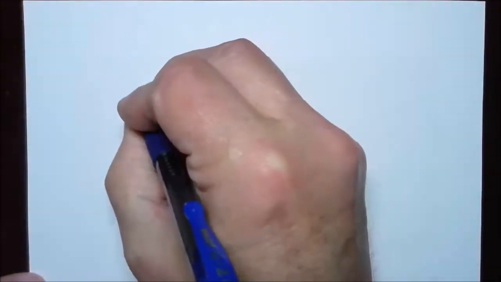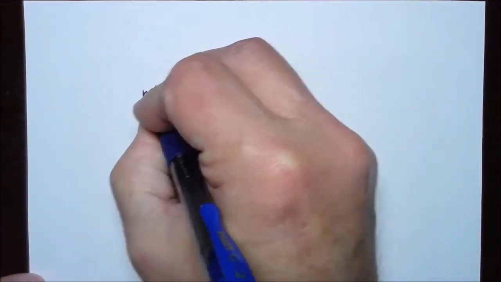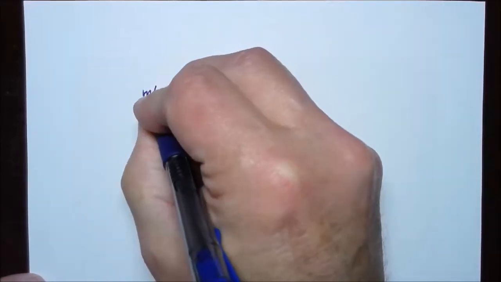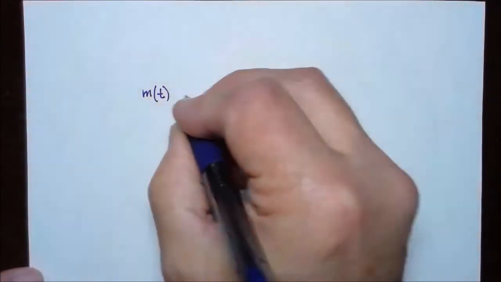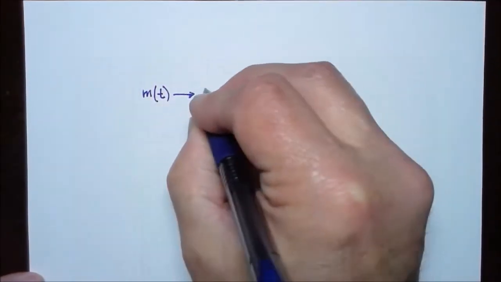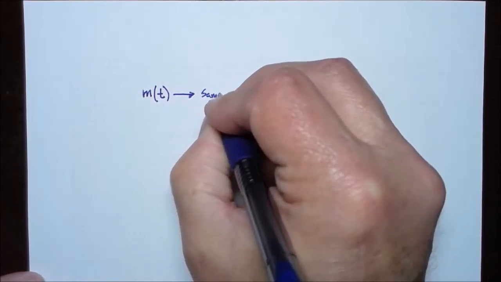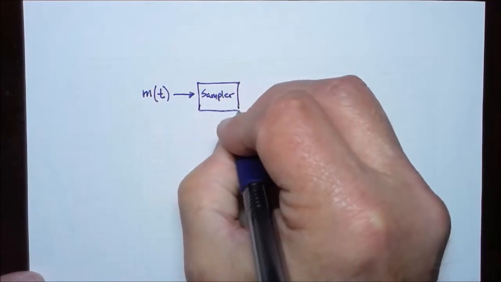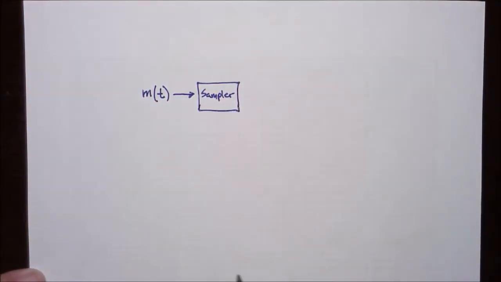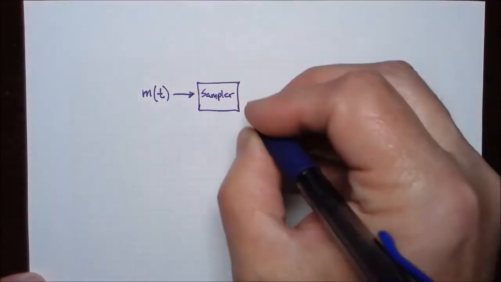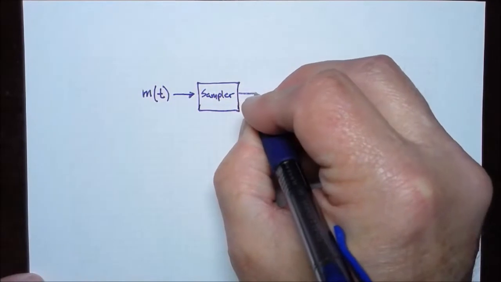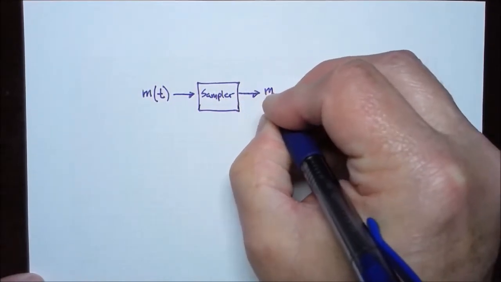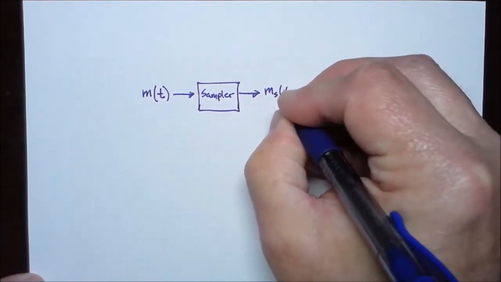Let me remind you of what we discussed with ideal sampling. I'm going to use m of t as the message signal going into an ideal sampler. That samples the message signal m of t periodically. Then the signal that comes out of the sampler is m with a subscript s of t.